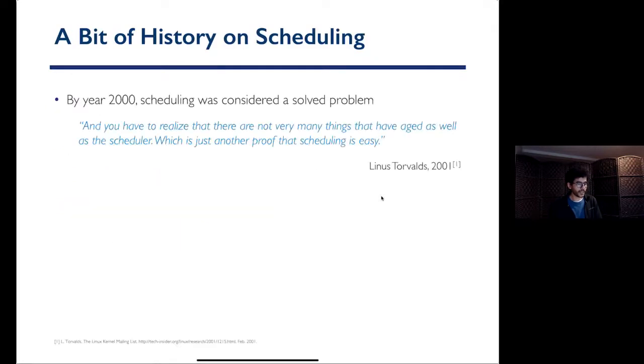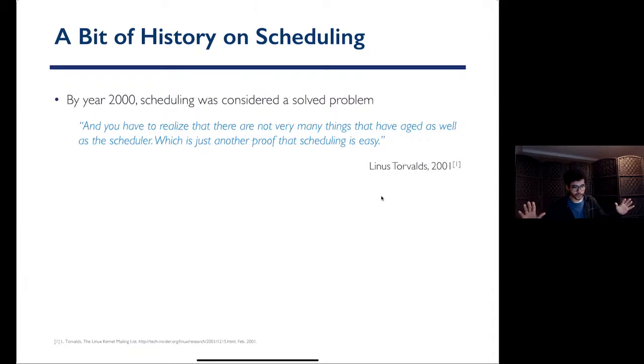Okay, brief history of scheduling. Around 2000, the problem of scheduling in operating systems was considered a solved problem. It was kind of like, okay, we're done.